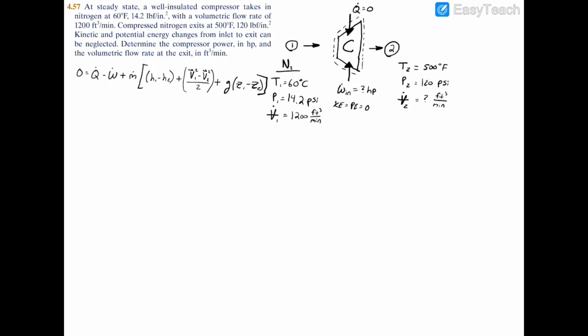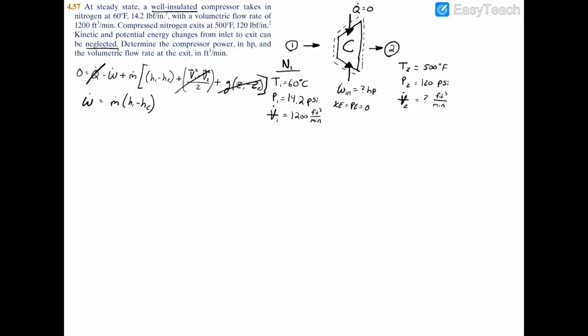Now we can further simplify it because we were told that it's a well-insulated compressor, so we have Q equals 0. The heat transfer is negligible. And then also the kinetic and potential energy were called out to be neglected. And so therefore, if we just rearrange this and add power to both sides, we'll have that W dot equals the mass flow rate times h1 minus h2.